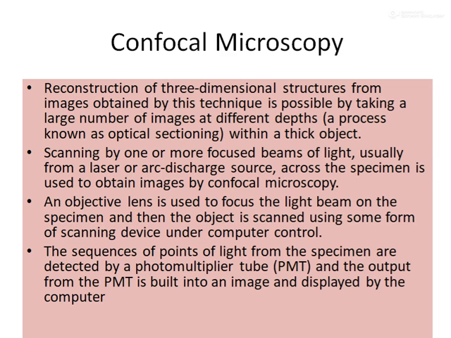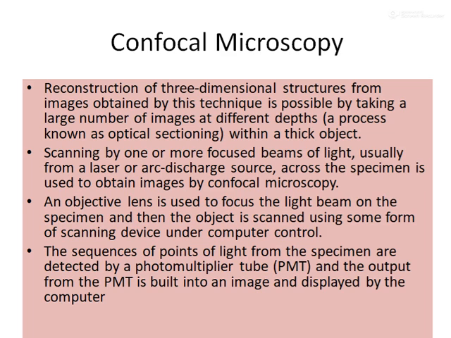The reconstruction of three-dimensional structures from images obtained by this technique is possible by taking a large number of images at different depths within a thick object. What does it mean? Not only one focus, but different images at different planes of focus can be created, and the computer will compile all of them, and then you get a three-dimensional structure.